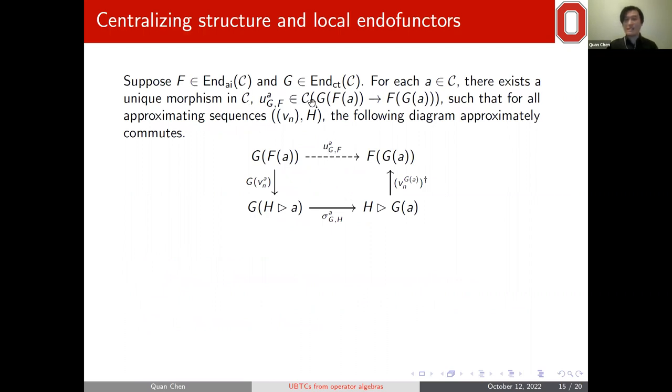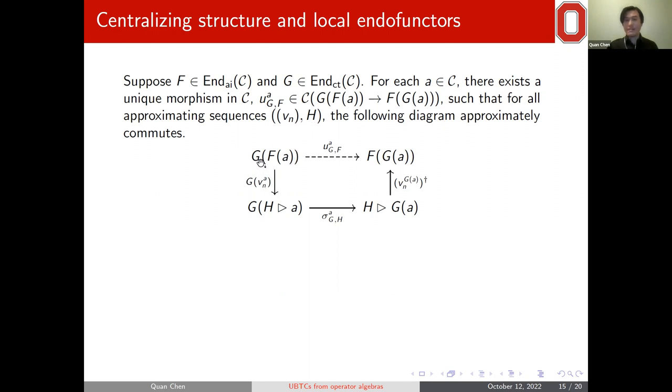So our exact statement is: if you have F being approximately inner and G centrally trivial, we pick an approximating sequence for F, because it's approximately inner.